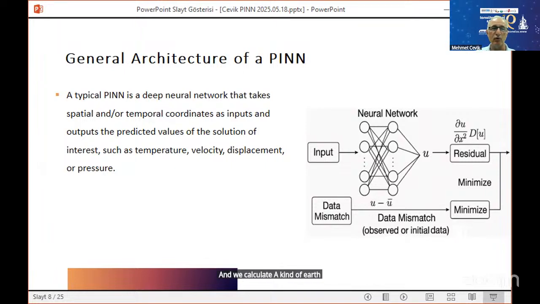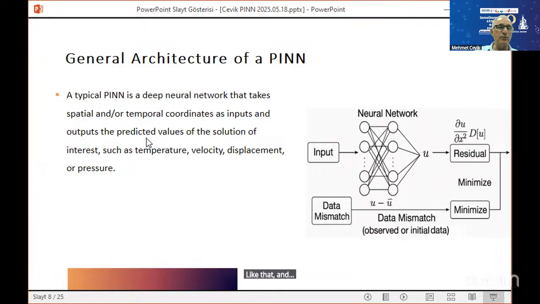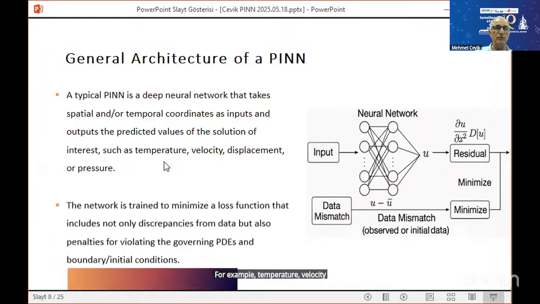We call it loss, and we try to decrease or minimize that loss. So a typical PINN is a deep neural network that takes coordinates as inputs, for example, x, y, z, t, and outputs the predicted values of the solution, for example, temperature, velocity, displacement, or pressure.